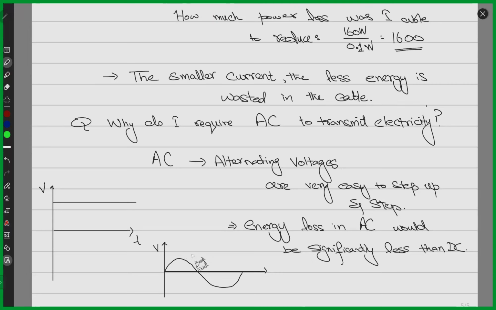And if the voltage is decreasing, energy used or energy loss will be minimized, right? Energy loss will be minimized, and then again it goes down and down and down, so energy loss is being minimized, and then it goes back up, so there is some energy loss. But because we don't have a constant supply of voltage throughout its journey, the energy losses are minimized. Does that make sense?